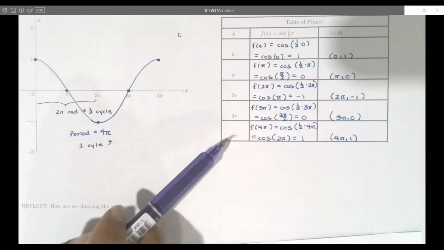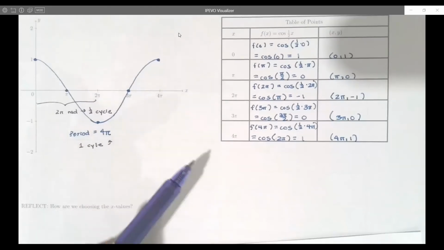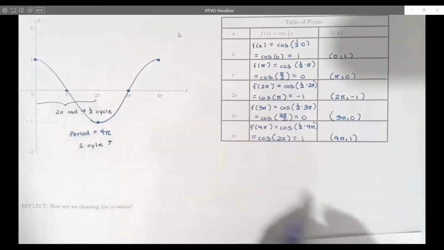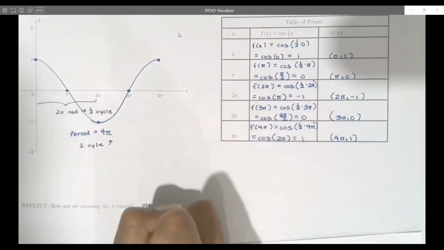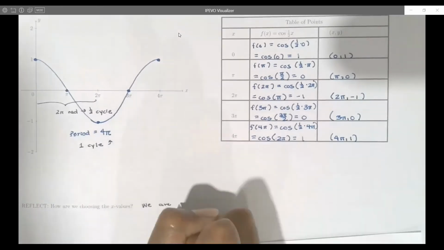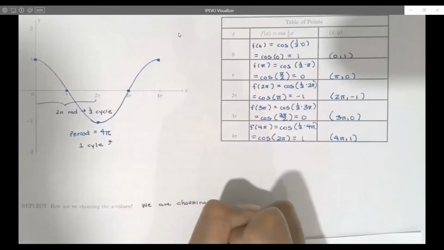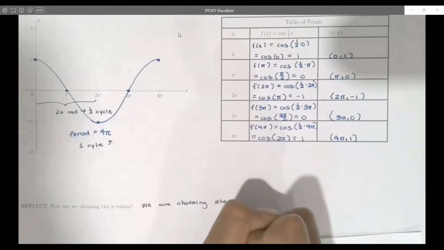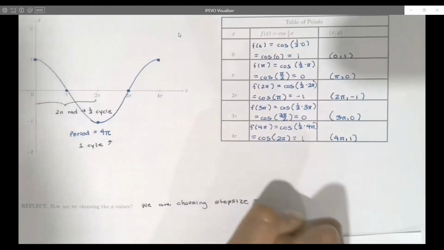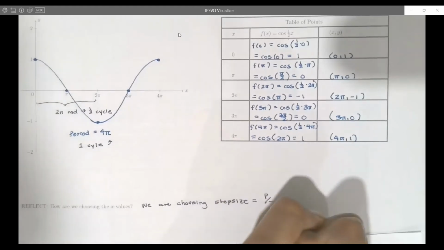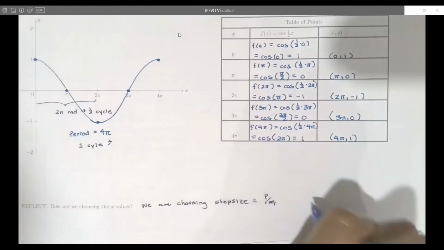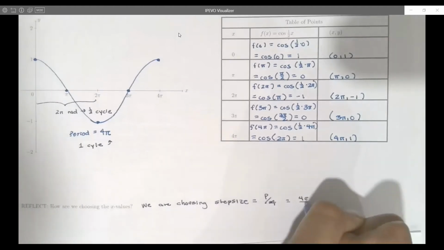So all of these are 1/4 of the cycle. Okay, so just as something to keep in mind, we are choosing the step size as being the period divided by 4. Okay, so 4 pi divided by 4.